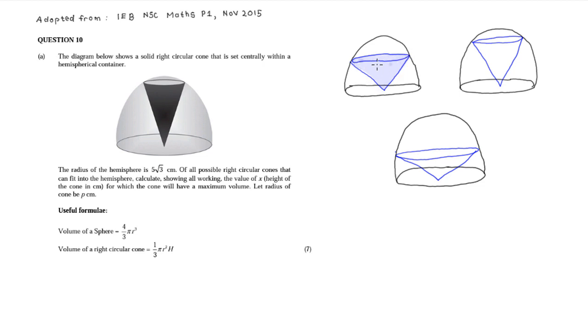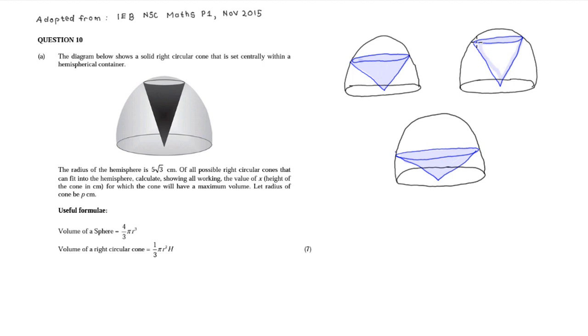Or you can choose the vertices of your base to be even lower down the container, and then you'll have an even wider cone, like this. Or you could even choose the vertices to be almost right at the top, and your cone will be skinnier, like this one.